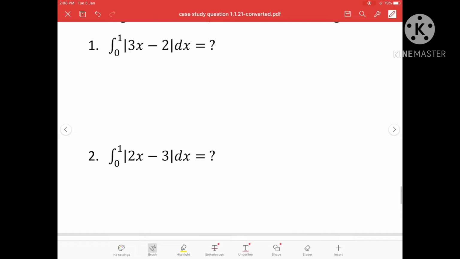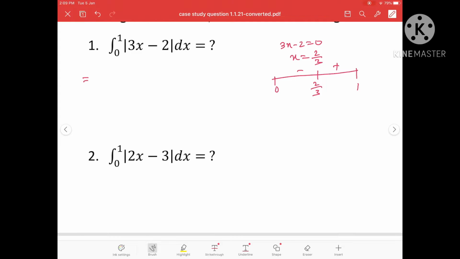Question number 1. Integration from 0 to 1 of modulus of 3x minus 2 dx. So this is a question of integration on a modulus function, and we know for a modulus function first we have to equate the function to 0, then find x. It will be 2 by 3. Clearly 2 by 3 lies between 0 and 1. Applying the Wavy curve method, this will be positive, this will be negative.